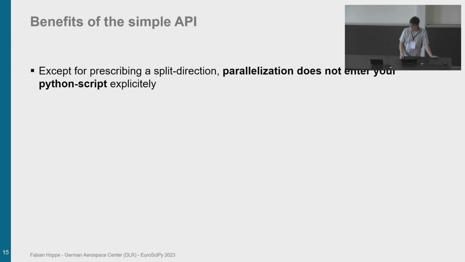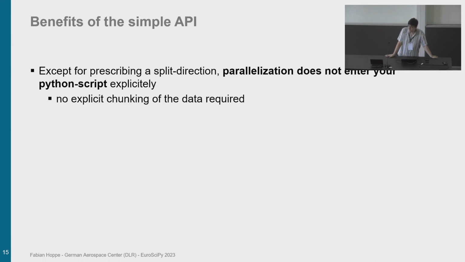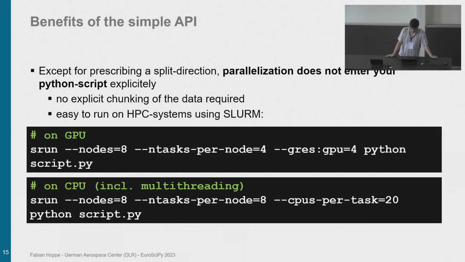You don't need to specify the chunking of the data anymore. And it's easy to run that on HPC systems. You just use the usual Slurm commands, and I think Slurm is very common on HPC systems, at least in the scientific community.